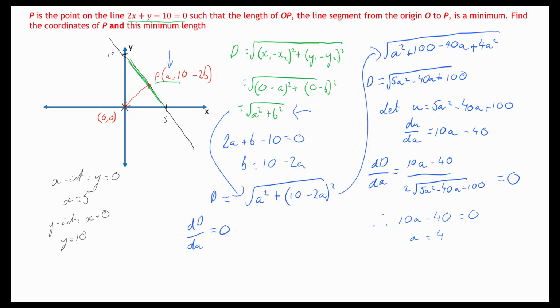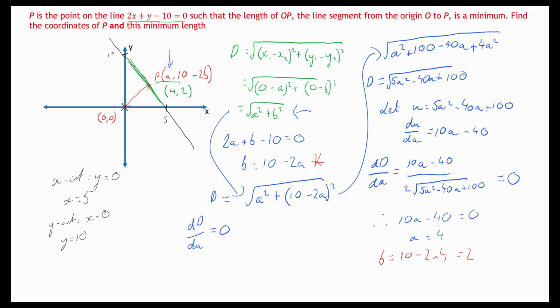Plug that all the way back into your original problem, or even just straight into here, because this is a quick little formula to find B, and you'll find that B is equal to 10 minus 2 times 4, which is 2, once you simplify it down, and the point P will now have coordinates of 4 and 2.